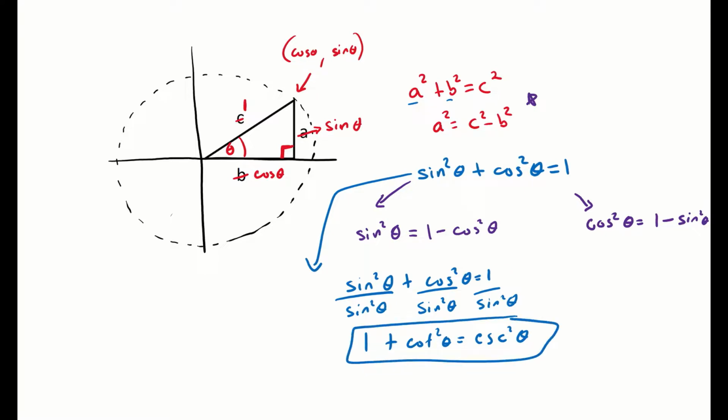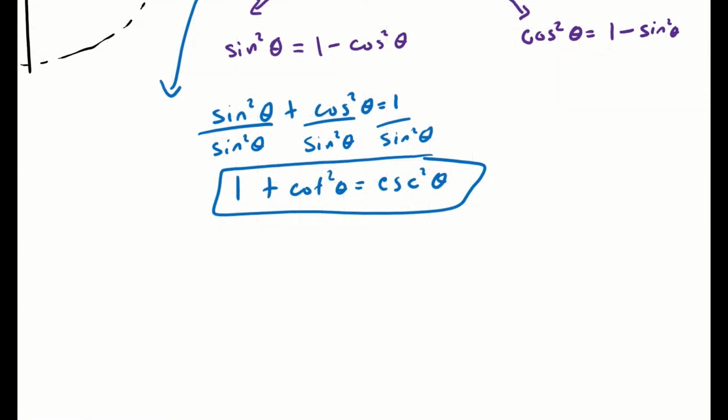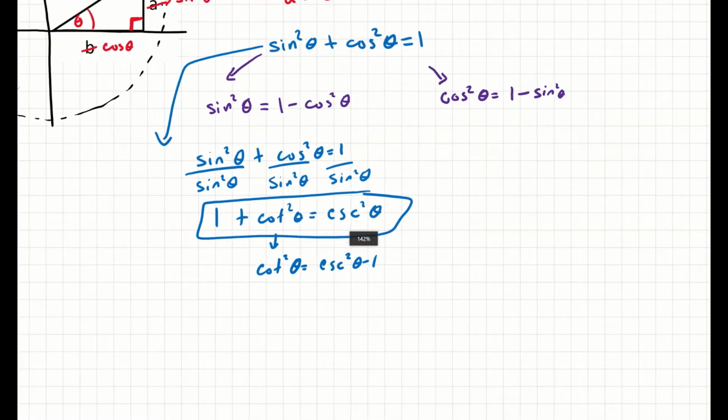And from that one other trig identity, I can also solve and manipulate however I want and give me even more identities, right? So for example, if I wanted to solve this one for cotangent squared theta, then I would end up with cosecant squared theta minus 1, and so on and so forth, right? And so that's why it's important there.